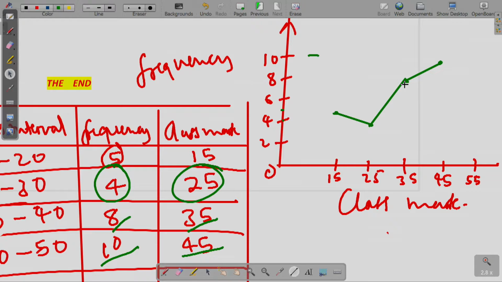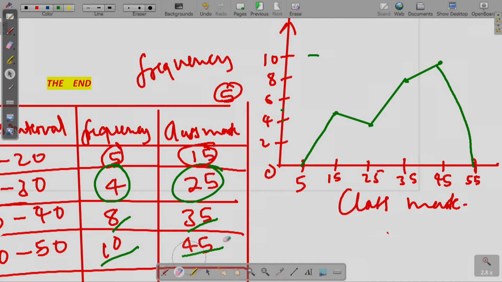But this is not a polygon, so we have to fill here. The lower class mark before this 15 is 5. So here we start with 5, and here we add 55 in order to make our graph a polygon like this.